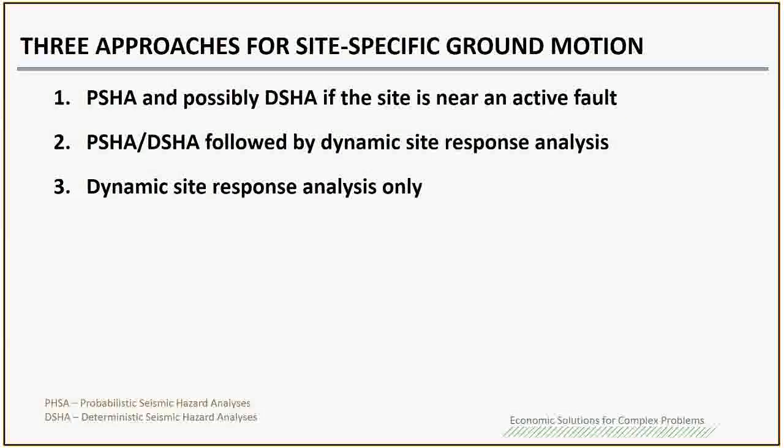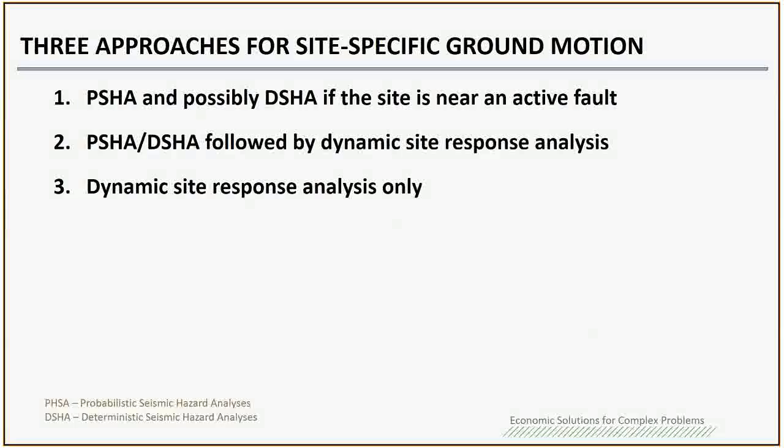The first approach is used to compute the ground motions for bedrock or stiff soil condition. So typically you cannot use this approach for site class E and F. Based on the commentary, there are two options for this approach. The first one, you just compute the bedrock motion from the PSHA or DSHA. Then you use site coefficients FA, FV in section 11.4.